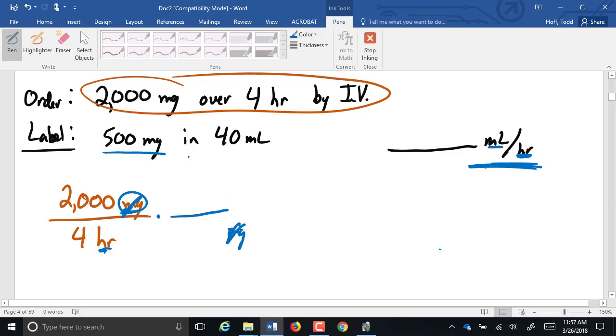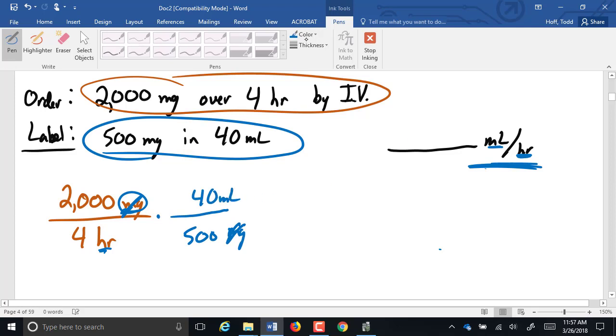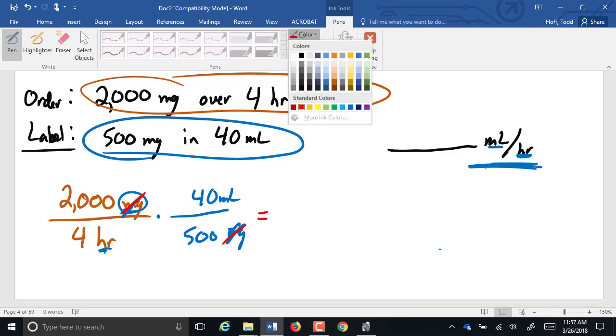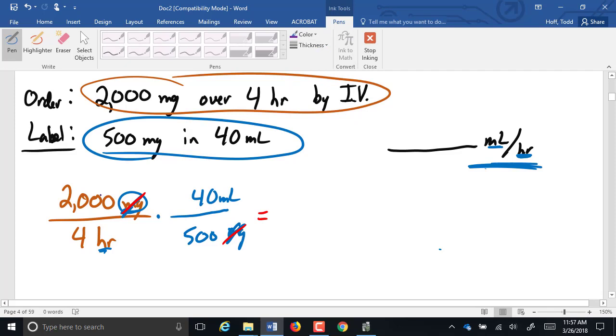And our equivalency, as usual, equates milligrams to milliliters. We have 500 milligrams in 40 milliliters of solution. So those milligrams, as we said, canceled out. Now if we multiply this through, 2,000 times 40 milliliters is 80,000 milliliters.